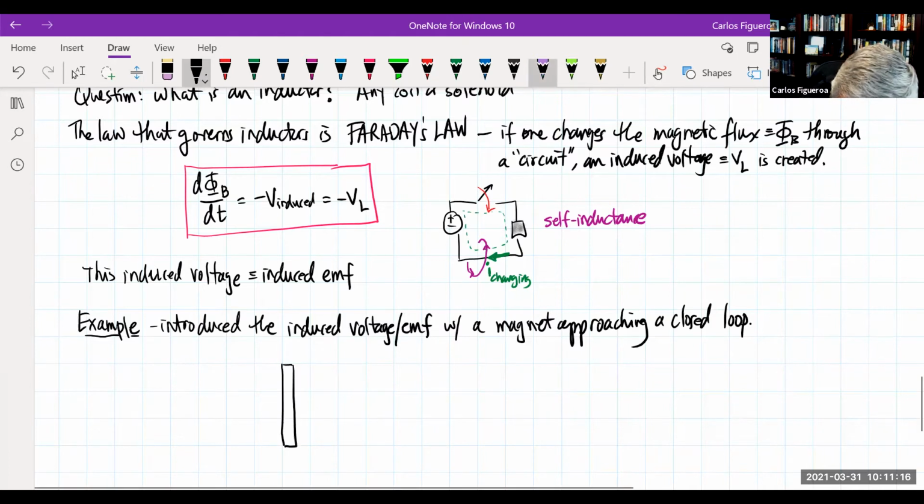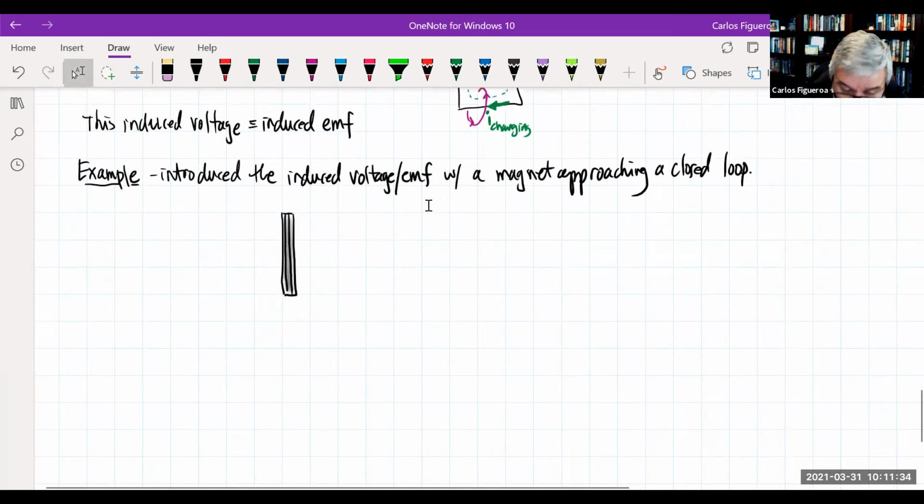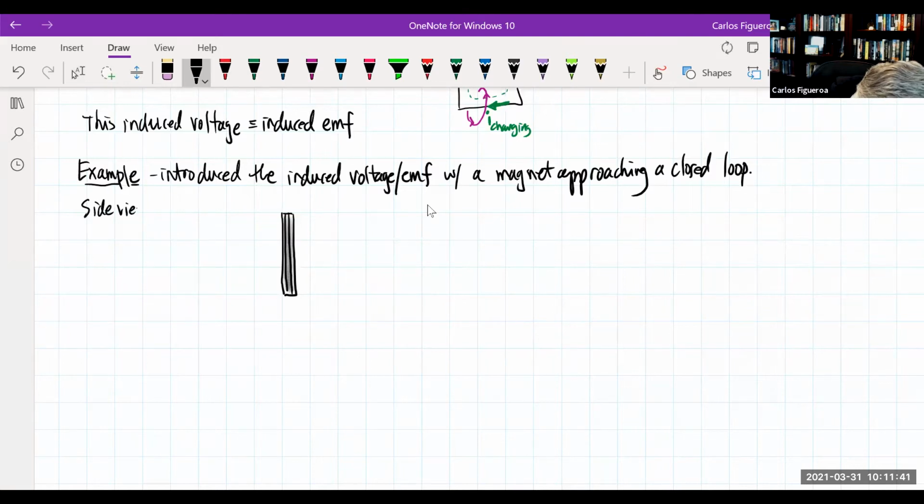Even though I'm saying a loop, you could imagine that maybe I even have wires. Okay, so this is a top view, or a side view. Maybe I should say that this is a side view, just to make sure that we're clear.